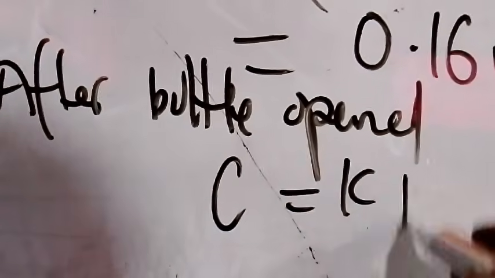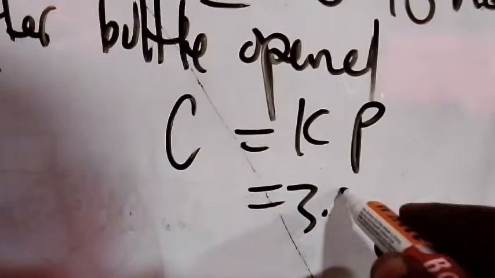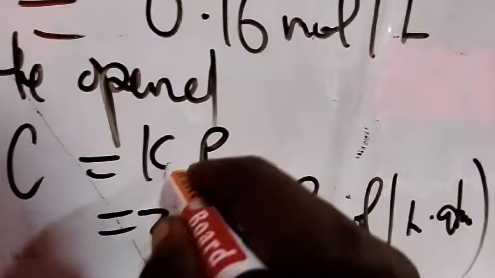C is equal to Kp. In this case our K remains the same, 3.1 times 10 to the power negative 2 mole per liter atmosphere.